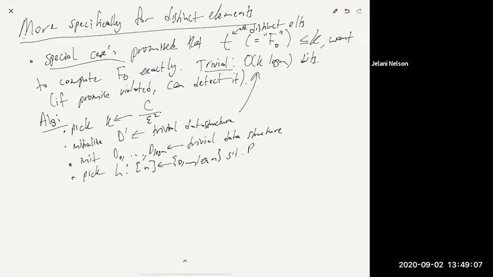Such that the probability that h of i equals j is roughly 1 over 2 to the j, from a pairwise independent family. To be more specific, remember I said that h tilde maps from n to n.